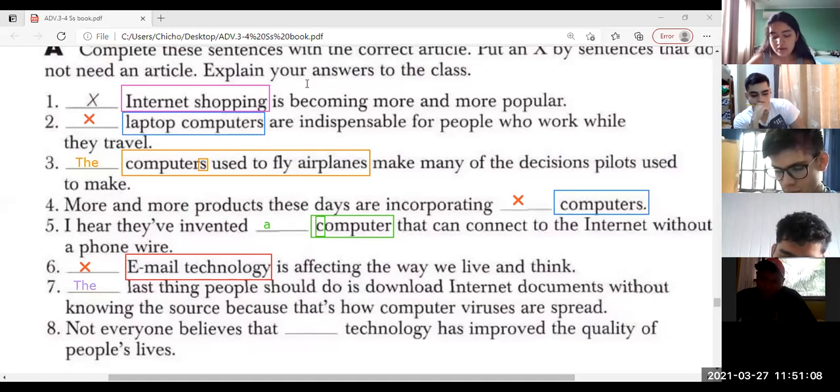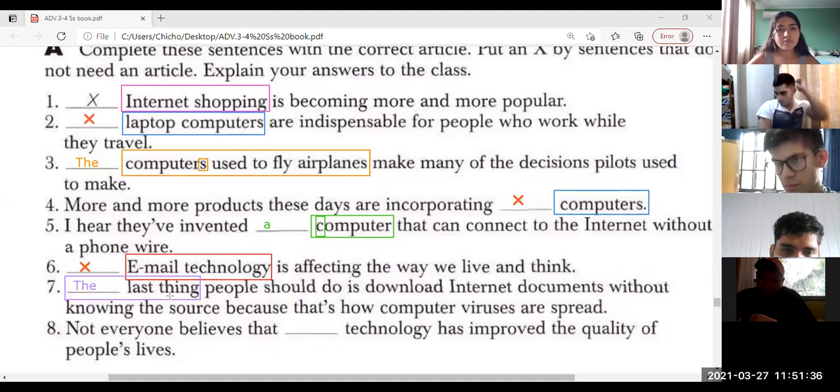We are using a sequence marker, but I don't know, like after last is the word thing. I don't know if it's correct. Yes, this is a sequence marker. The last thing. No importa si acá hay un sustantivo, igual es una secuencia, ¿ok? Esto pasó, esto tiene que pasar. Lo último que uno haga es esto, ¿ok? It's a sequence marker. Okay.